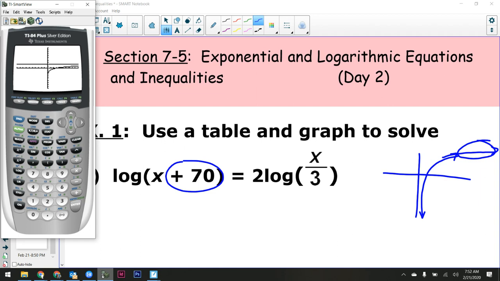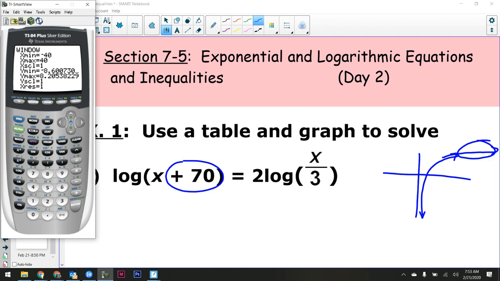Okay, so how do we see it? Let's zoom out. Or let's zoom fit. I'm sorry. Let's see what happens. I see a little bit of an increase now, but do I see the rest of it? No. So now let's zoom out. Because the goal is just to see what's going on, right? I'm just gonna change the window because I know it's got to be shifted 70 units left.